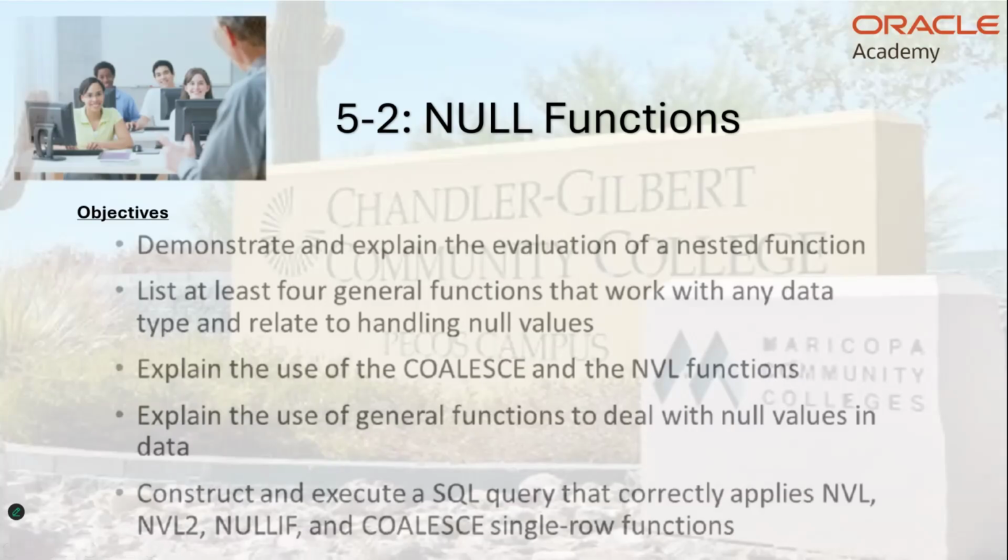Null is one of the most bothersome parts of your table, a non-entity, or actually it is an entity, but not defined, that can cause issues. Explain the use of general functions to deal with null values in data, and construct and execute SQL queries that correctly apply these functions: NVL, NVL2, nullif, and coalesce.